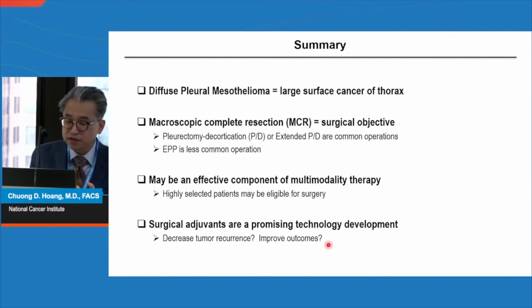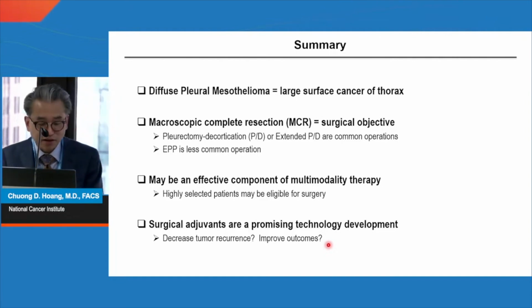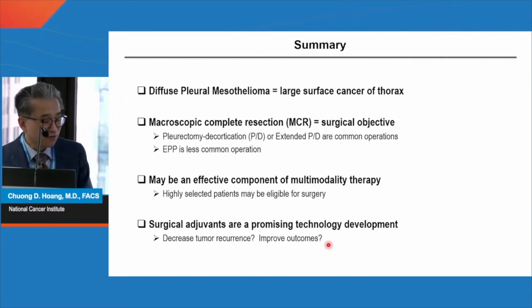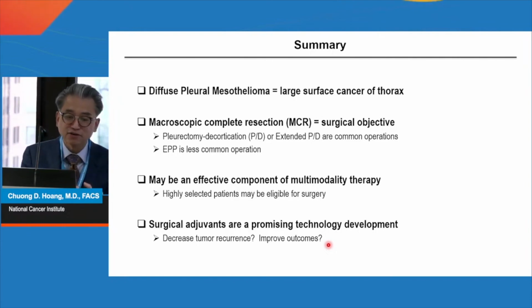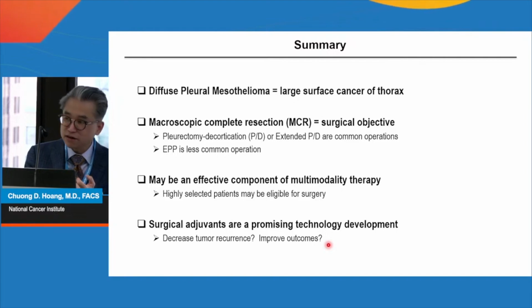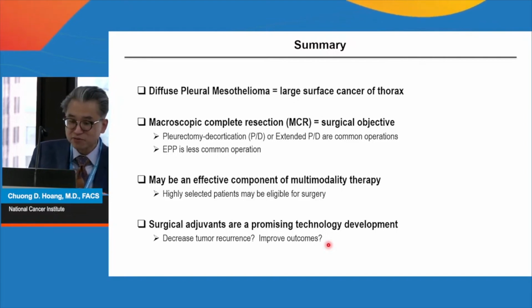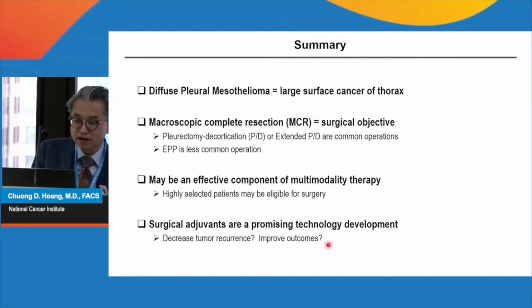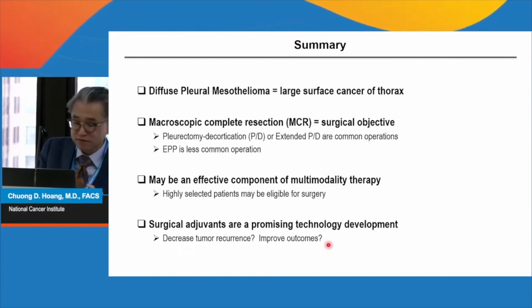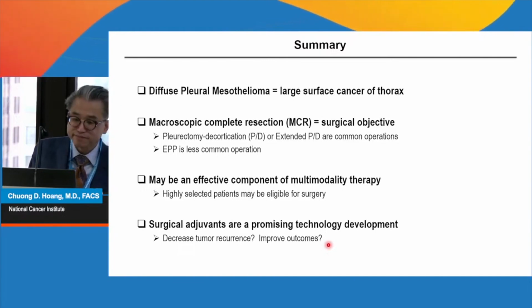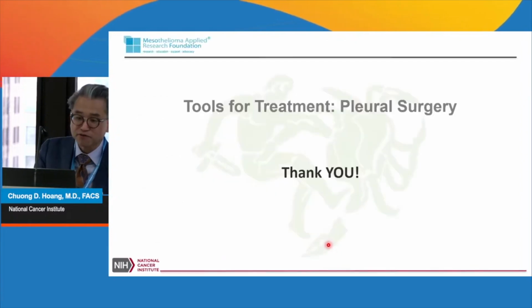I think there is certainly a subgroup where it is hard to argue that surgery doesn't benefit. And with an eye to the future, many surgical adjuvants with promising technology strategies are in development, and I hope they will be available for those in the audience in the near future. And with that, I'm open for questions. Thank you very much.